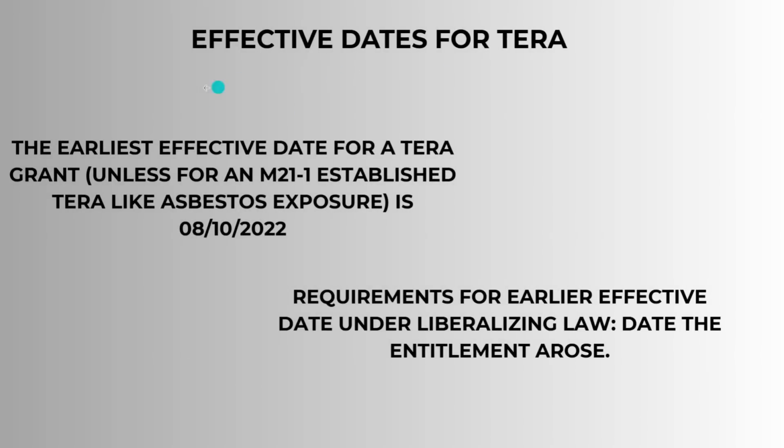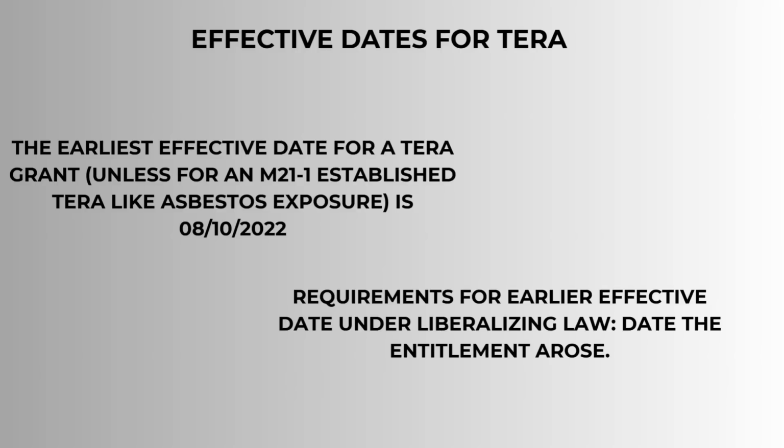Okay, so effective dates for TERA. Now, I will touch on effective dates, but the earliest effective date that you can get granted for TERA itself is 8/10/2022, because that's when the liberalizing law was enacted. Now, if you have a Vietnam situation, like Agent Orange exposure, and there's no change to the PACT Act that affected it, then it can go back prior to 8/10/2022.